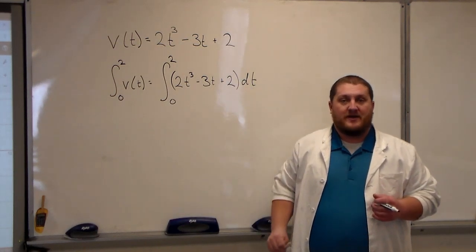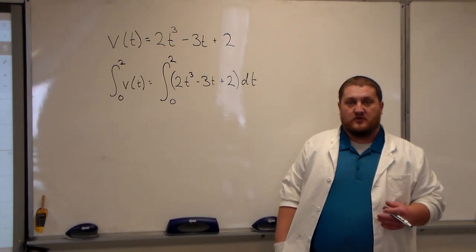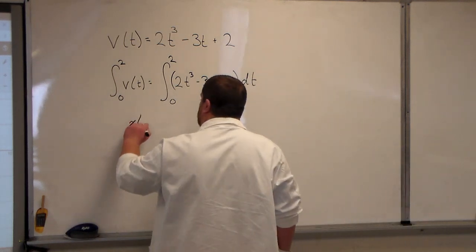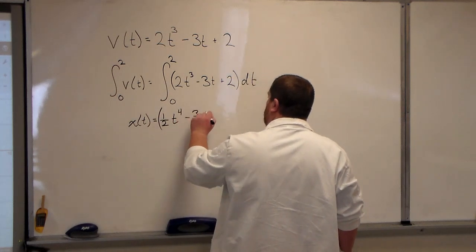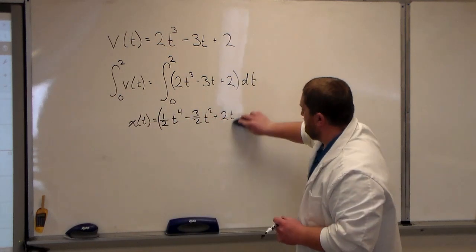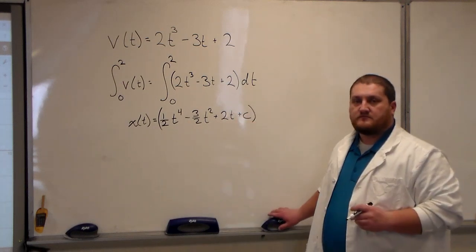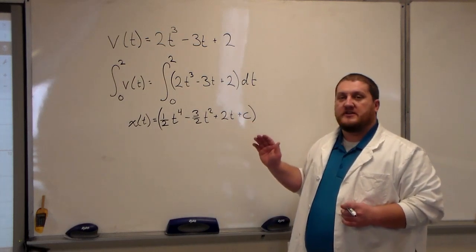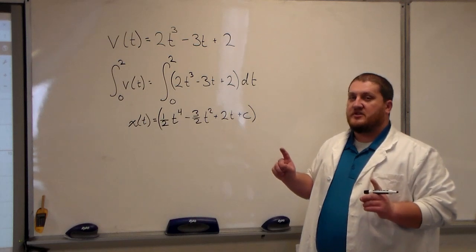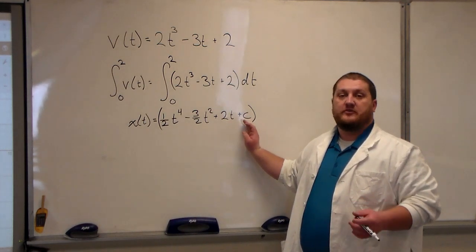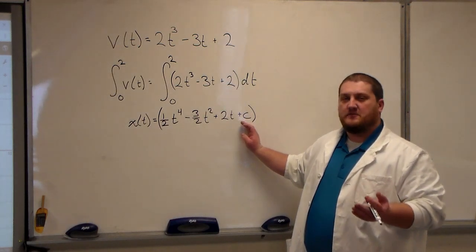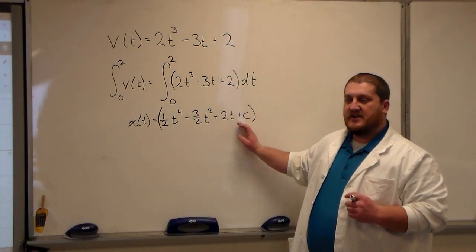We know what this one will come out to be, so I'll just skip to the final form of it. I'm going to include the plus c here. It won't change our answer, and we'll see why. A lot of times you won't see the plus c if we're doing a definite integral. You'll see why it typically gets dropped here in just a second.